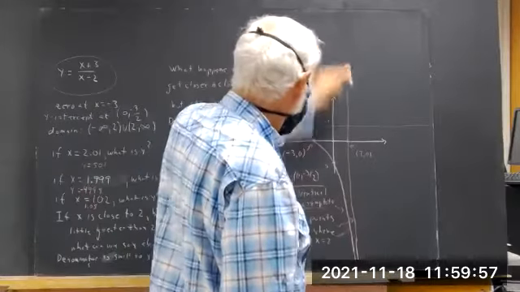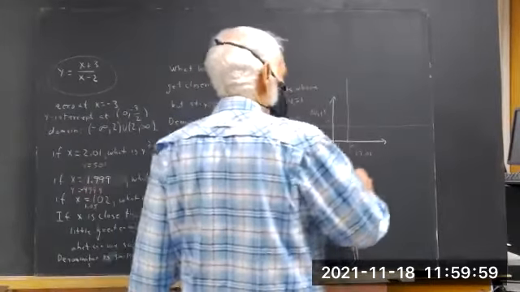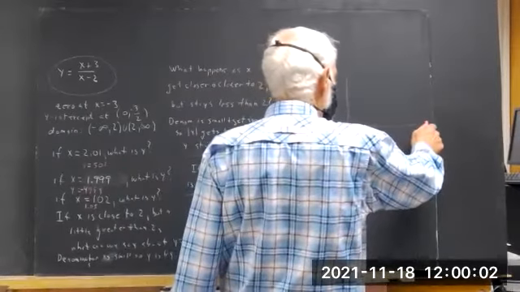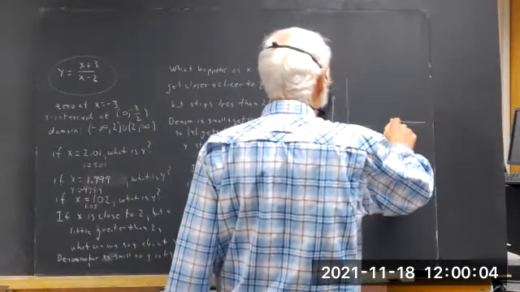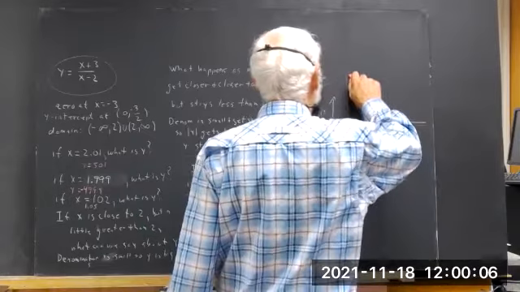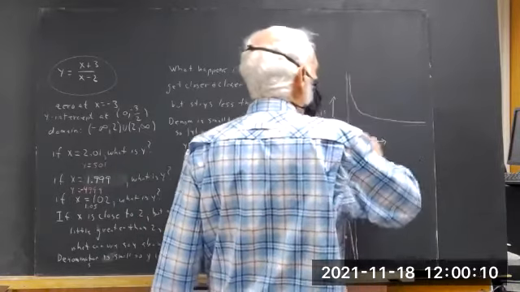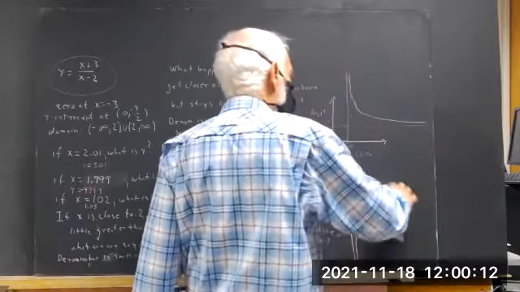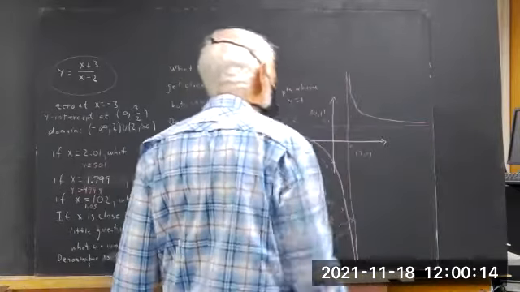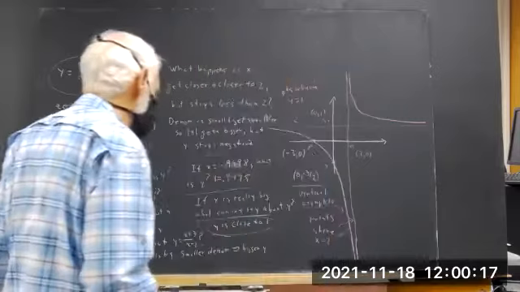Okay. So here, we're going to have a line that starts out close to the line y equals 1, and then we're going to get close to the vertical asymptote x equals 2.